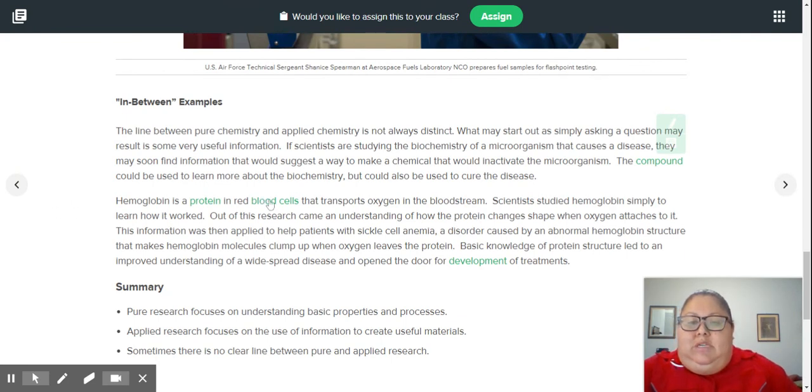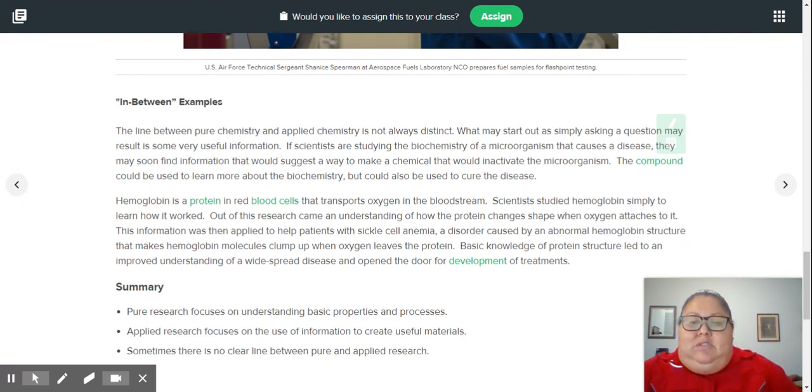Hemoglobin is a protein in red blood cells that transports oxygen through the bloodstream. Scientists studied hemoglobin simply to learn how it worked. Out of the research, there came an understanding of how the protein changes shape as oxygen attaches. This information was then applied to help sickle cell anemia patients.